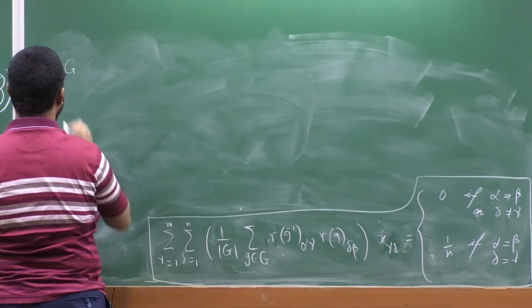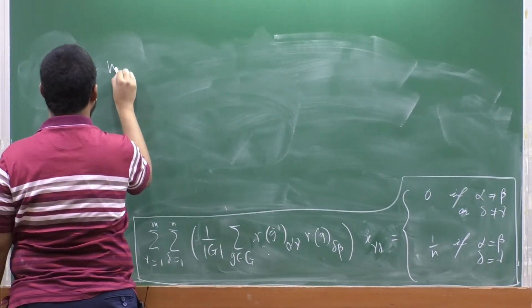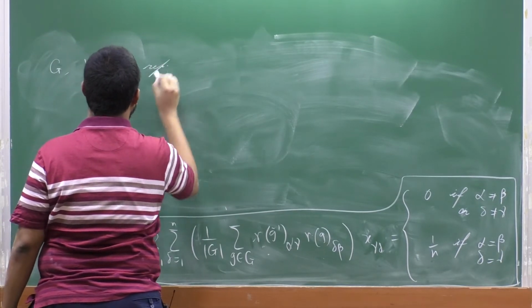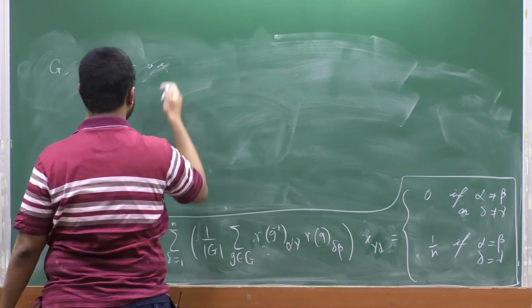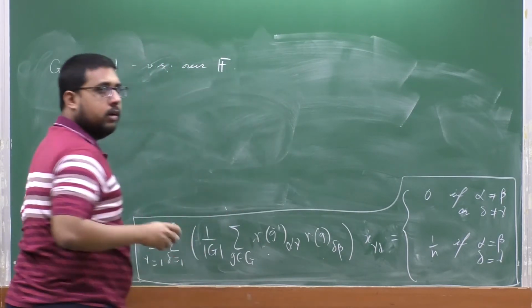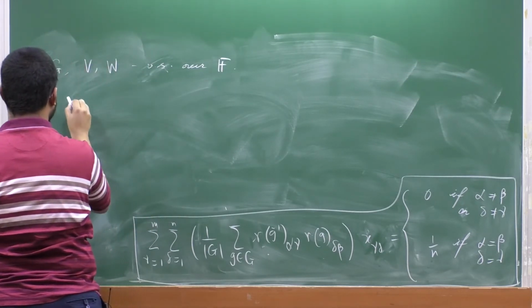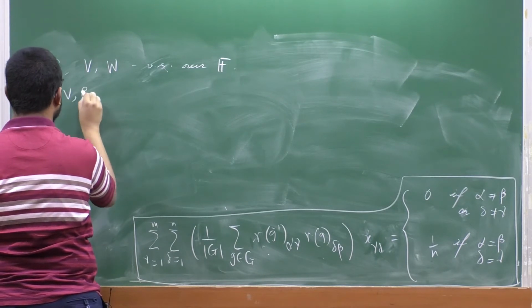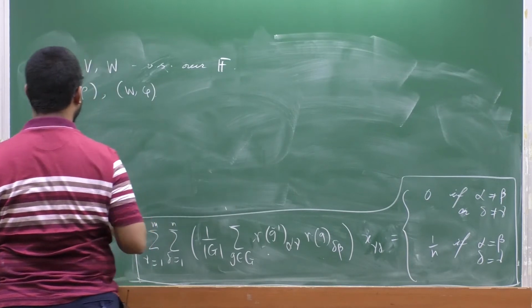So, therefore, let G be any group, not necessarily finite, and V and W are representations. So, these are vector spaces over any field F, and we do have representations of G, V with rho and W with phi.